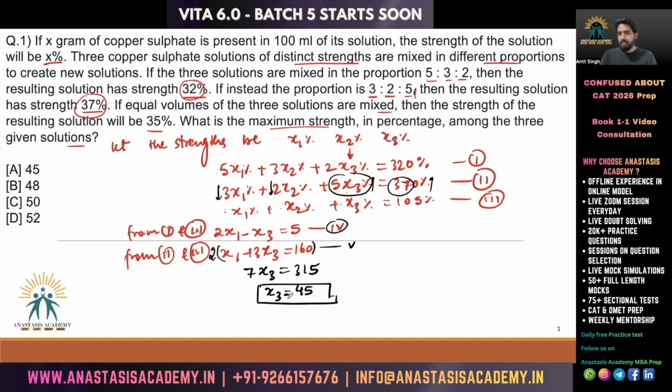I'm getting x3 as 45. Just put this 45 in this equation. So you get 50 by 2. I'm getting x1 as 25. So x1 is 25, x3 is 45, it becomes 70. 105 minus 70, so I got x2 as 35. Can you see x3 is the highest?